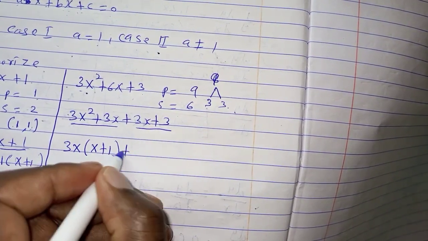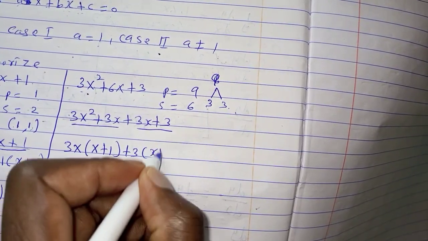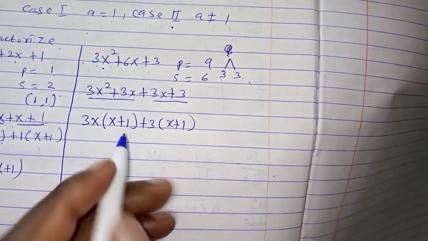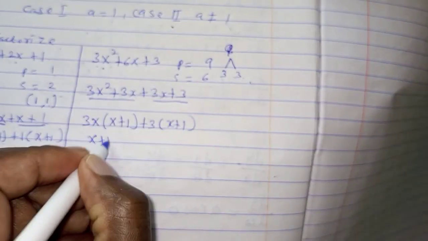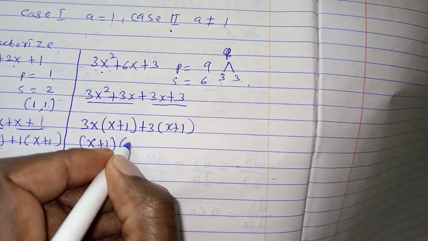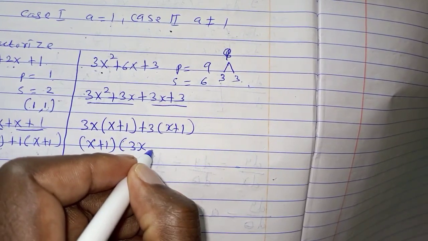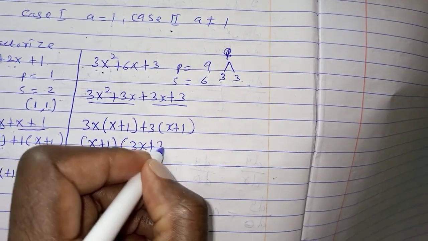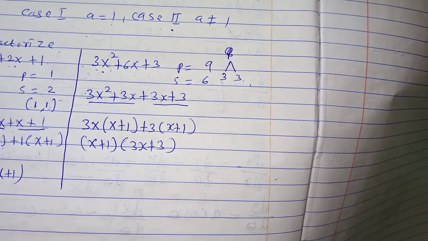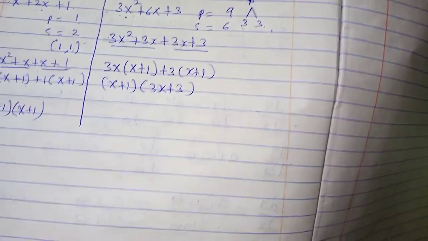Here 3 is common, we are going to have x plus 1. So you can see x plus 1 is common, so we are going to have x plus 1 into bracket 3x plus 3. So we have factorized our equation in a simple step method.